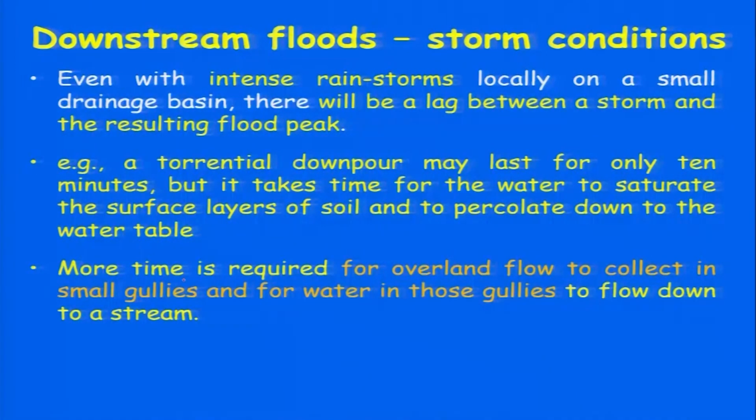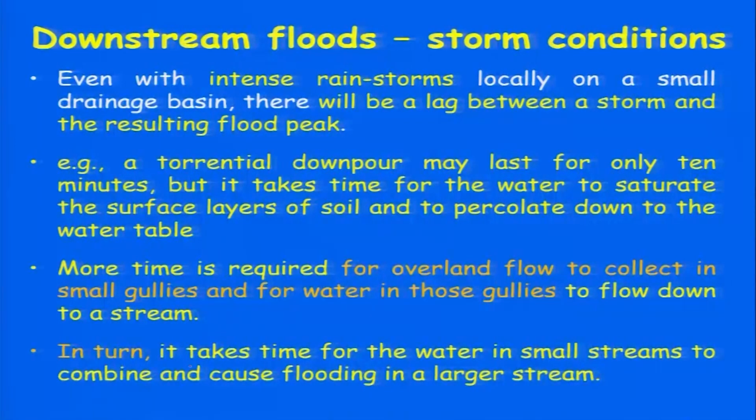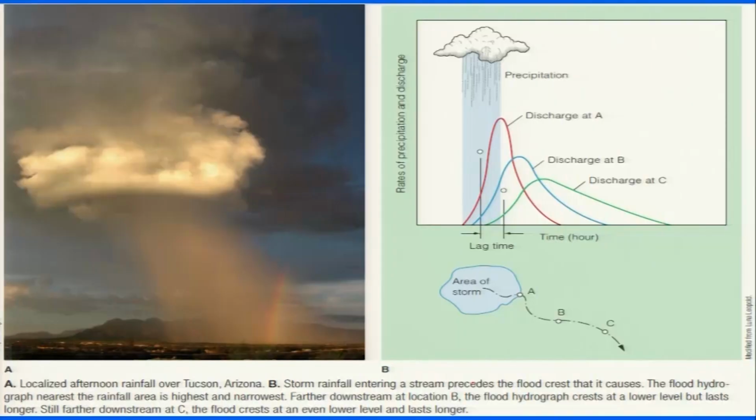In turn, it takes time for the water in small streams to combine and cause flooding in a large stream. So if you have more streams available, then you may have flooding quickly in the larger streams, that is, the trunk streams we are talking about.